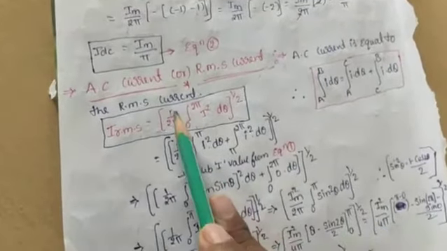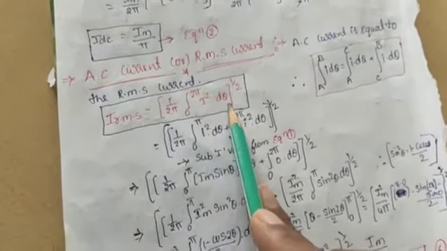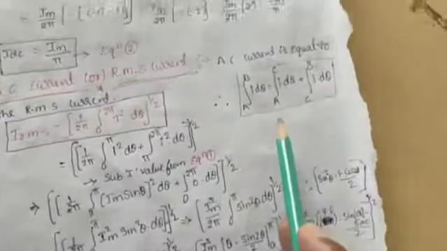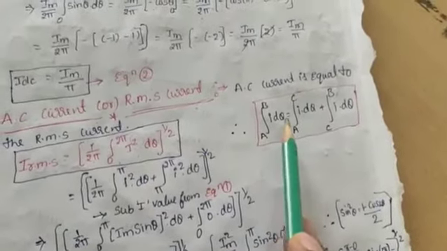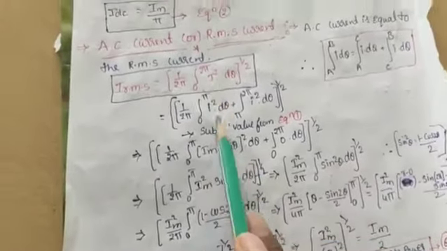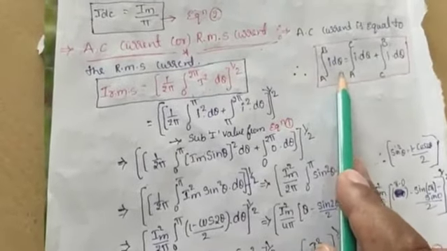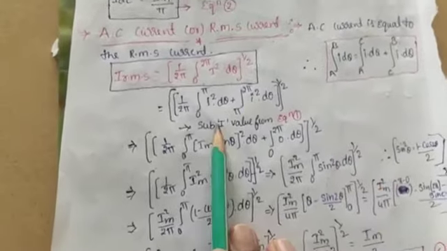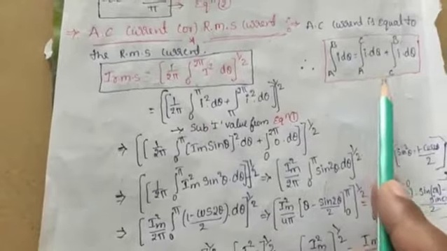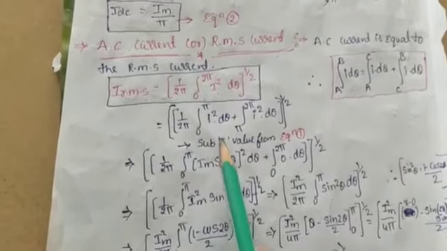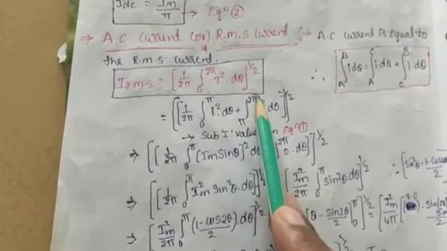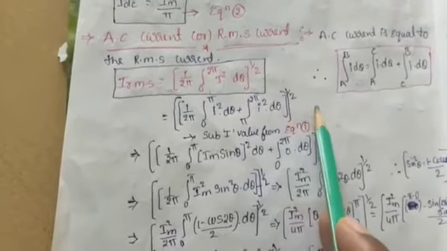So 1 by 2 pi, integral from 0 to 2 pi of I square d theta, whole power 1 by 2.